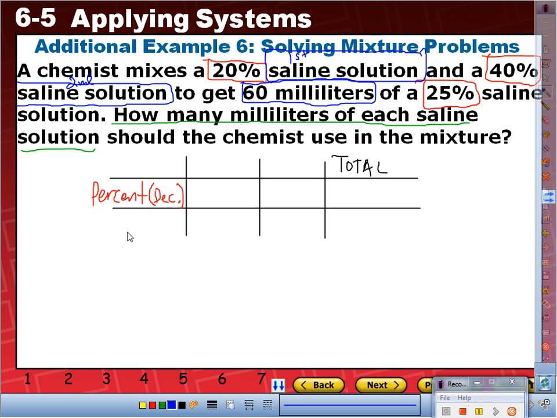On the second line, we usually write item. Is that correct? Yes. But what kind of item are they talking about here? Saline solution. And for the second one, we're going to focus on the measure. What kind of measure are they talking about? Milliliters. So you're going to write ml.